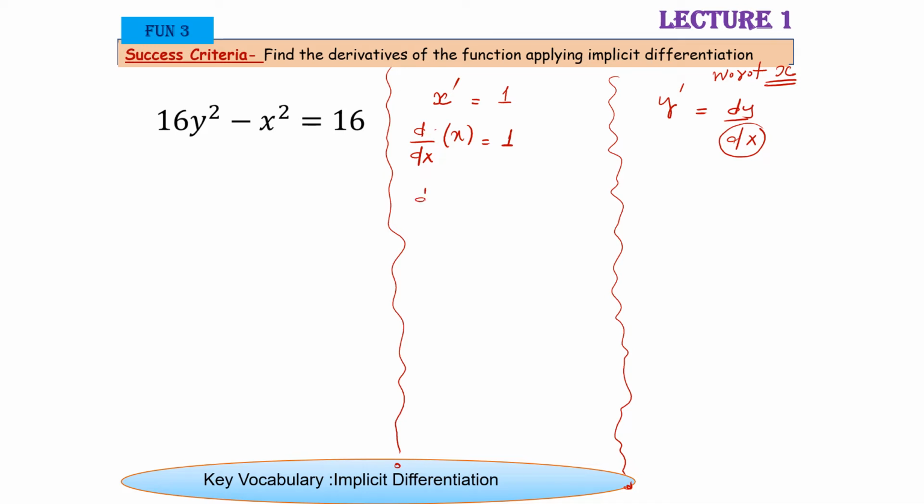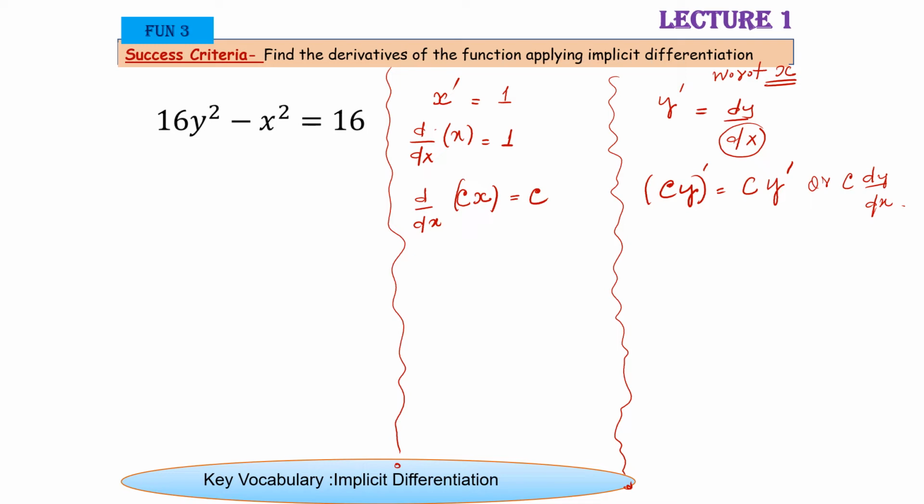Now if I ask you to take the derivative, d by dx or prime, of cx, we know that the derivative of cx with respect to x is c. But if I ask you to take the derivative of cy with respect to x, you can say that it equals cy prime, or in other words c dy by dx.